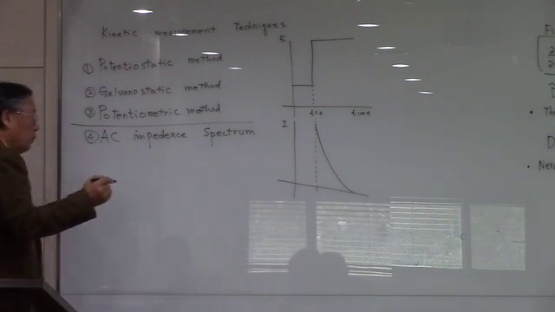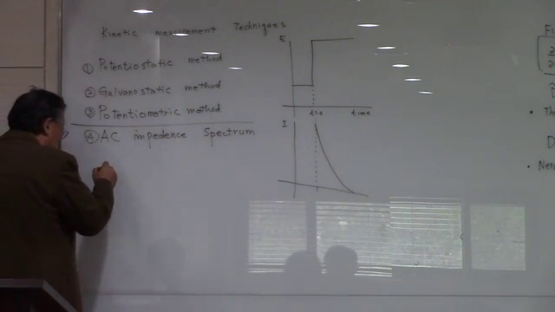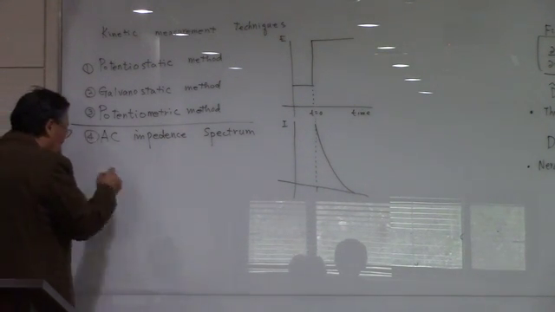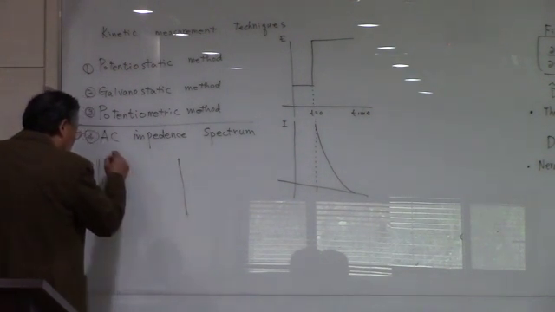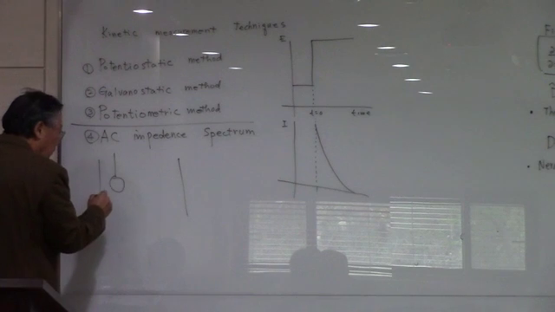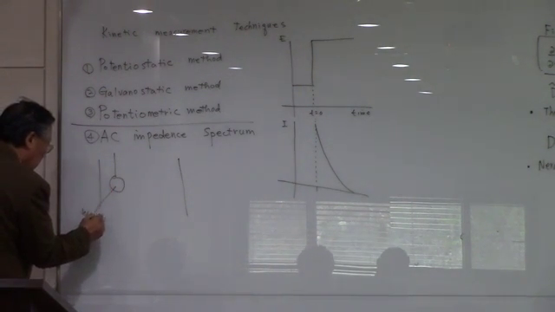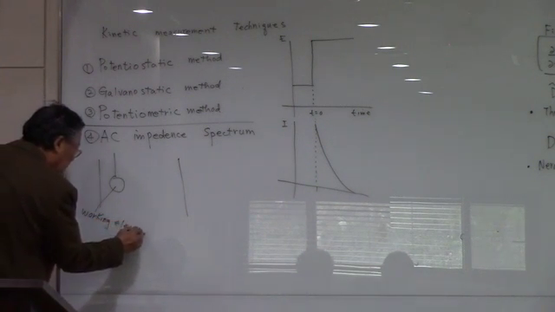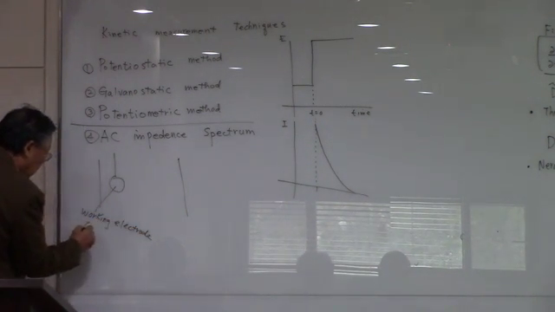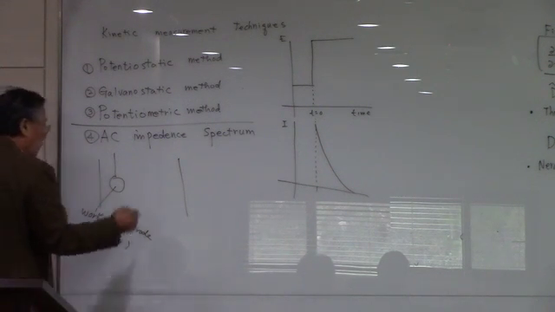By the way, when you apply the input, the voltage or current, the system that you're going to use is usually this: we call this the working electrode, and that is the cathode.